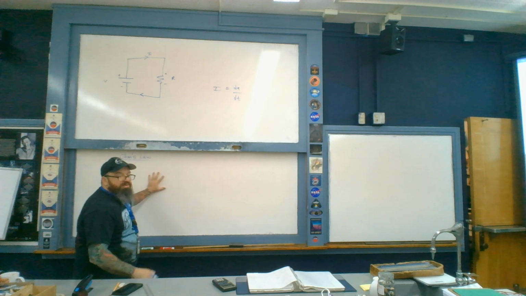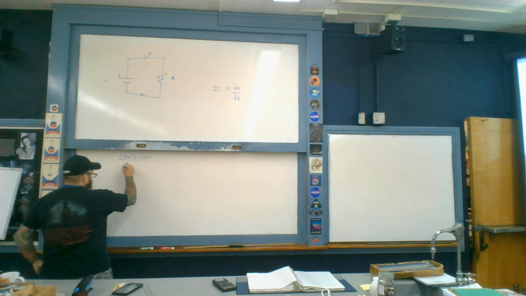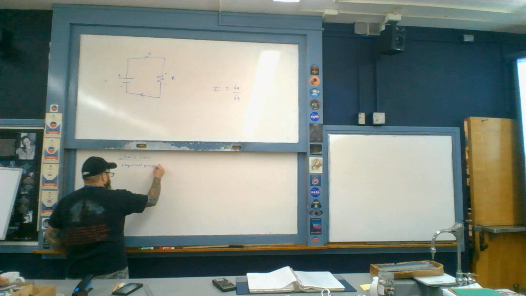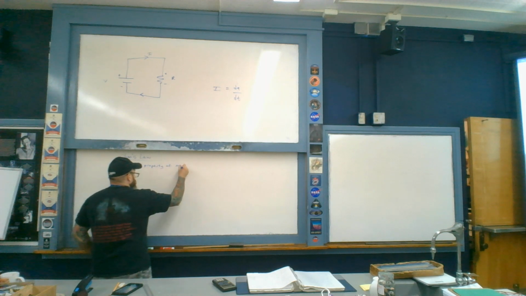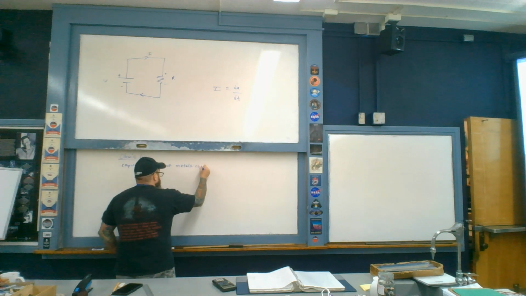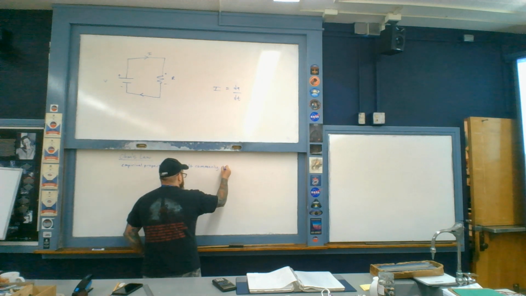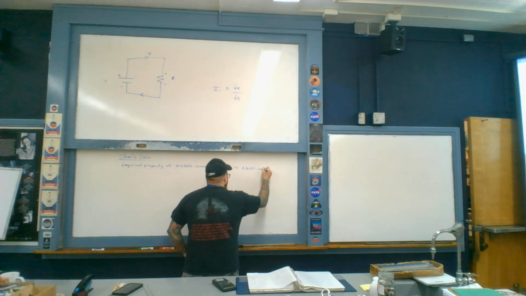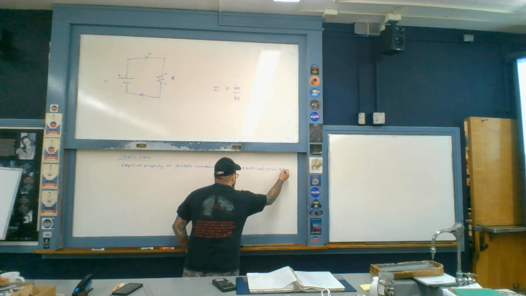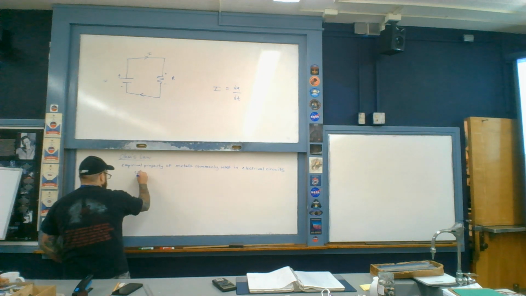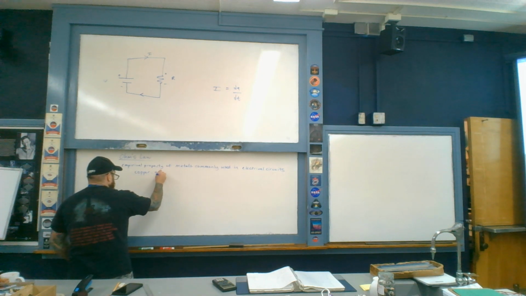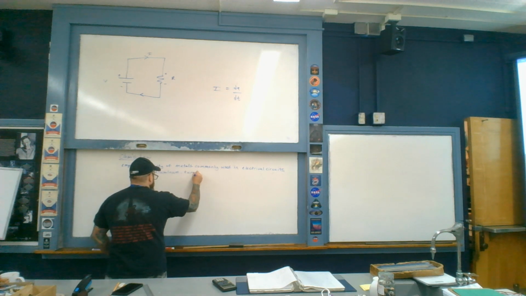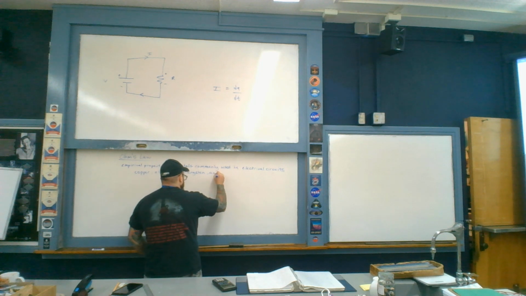Okay, Ohm's Law is an empirical property of metals commonly used in electrical circuits. That is copper, aluminum, tungsten, and a few others.